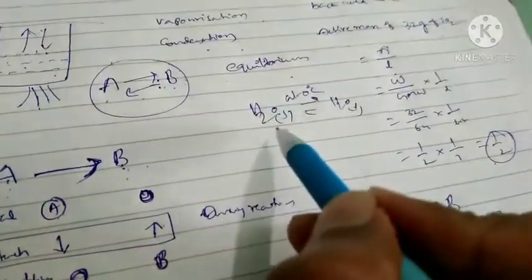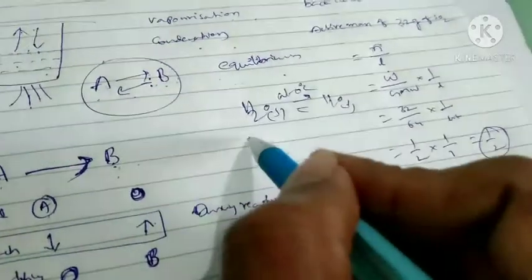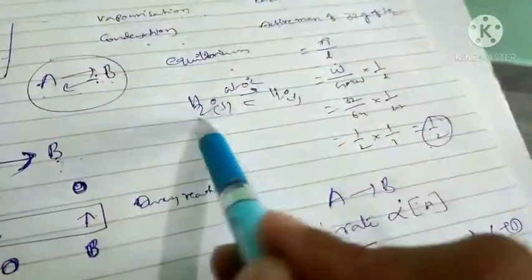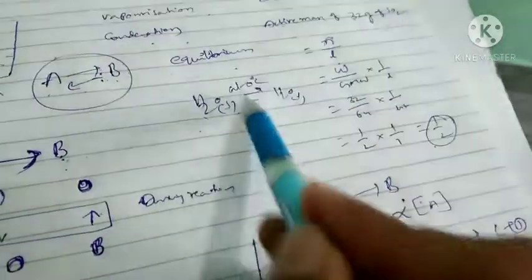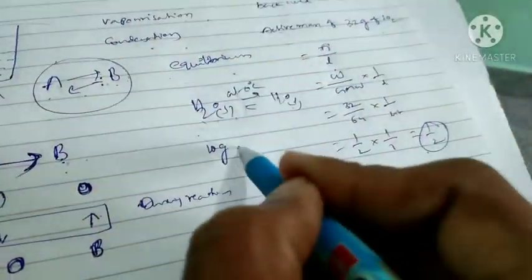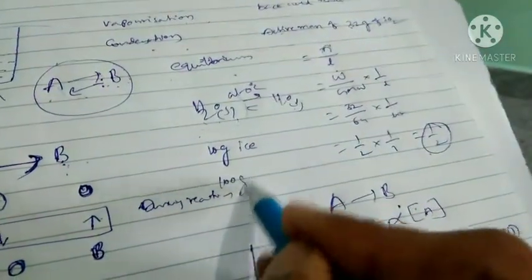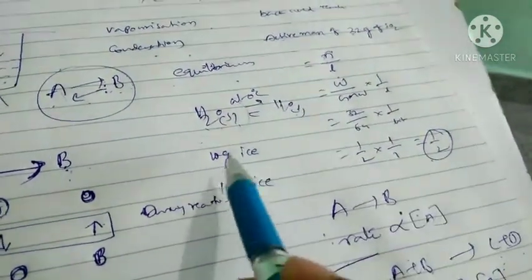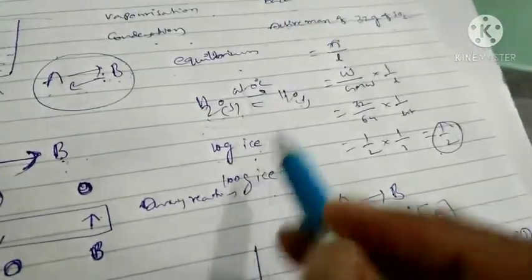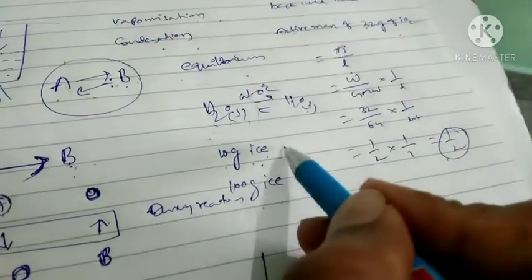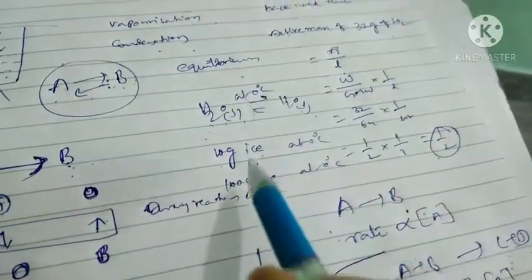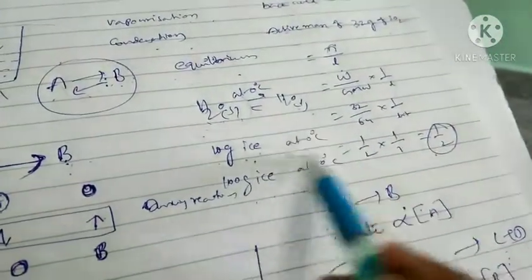Why? Because what is law of mass action? Rate of reaction is directly proportional to concentration of reactants. That means in this reaction, the rate of reaction is not depending on the solid state of ice. Why? If you take 10 grams of ice or 100 grams of ice, I took two examples. In the first example, I take 10 grams of ice. In the second example, I take 100 grams of ice. Either 10 grams or 100 grams of ice is converted into liquid at 0 degrees centigrade in both cases, because ice is converted into liquid state at this temperature.